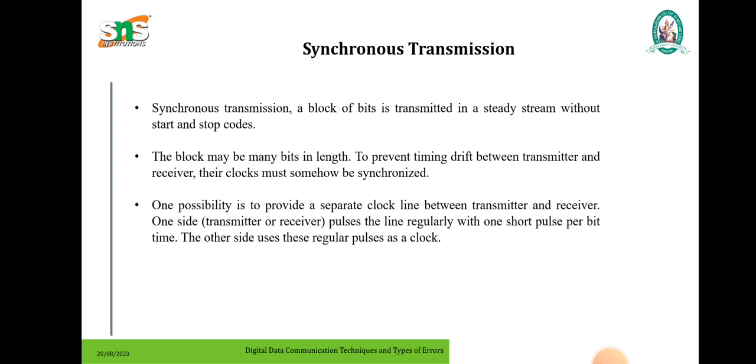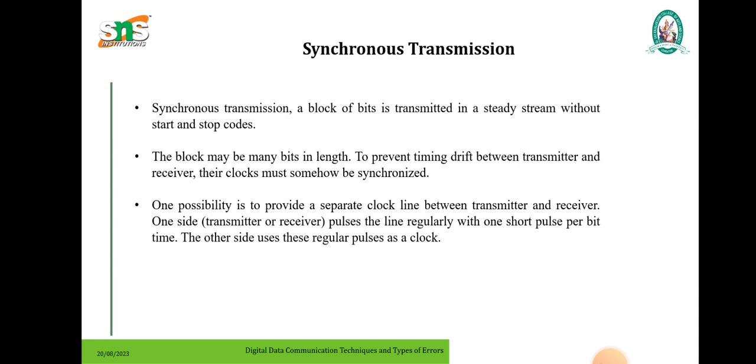Synchronous transmission. Synchronous transmission is a block of bits transmitted in a steady stream without start and stop codes. The stream of data is sent continuously, and the block may be many bits in length. In asynchronous transmission we send bit by bit, but in synchronous transmission we send a block of data continuously. To prevent timing drift between transmitter and receiver, the clock must somehow be synchronized.